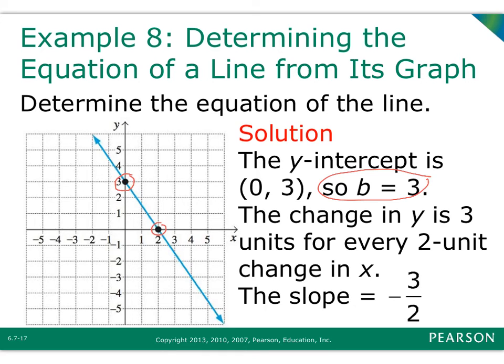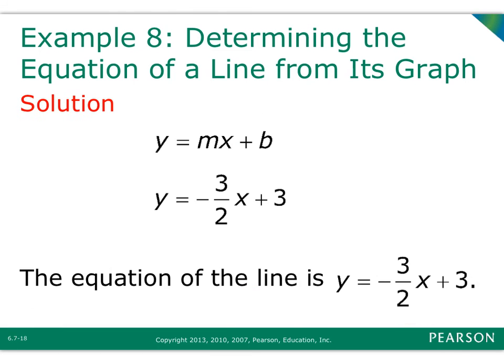So for that point, we go down 3, which is a minus 3, and we go over 2. So the slope then is a minus 3/2. Now we know the formula for the line: y is equal to mx plus b.